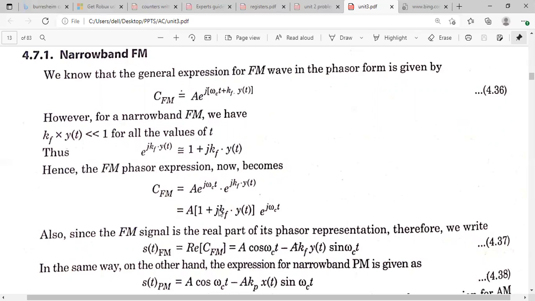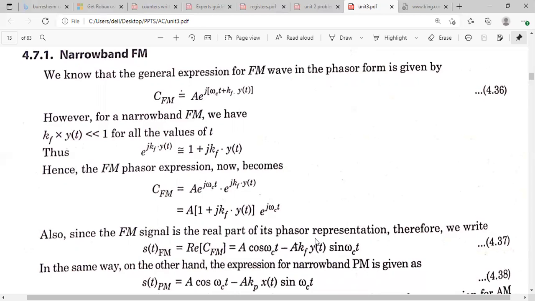After that, if you multiply it with this term, you will get this. j square gives minus there. So finally you will get A cos omega ct minus A KF into y of t sin omega ct. This is the narrowband FM equation for the frequency modulated wave.